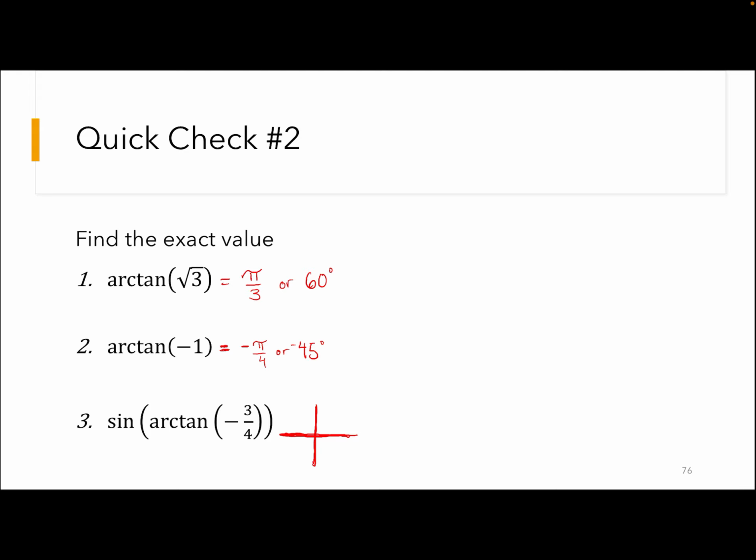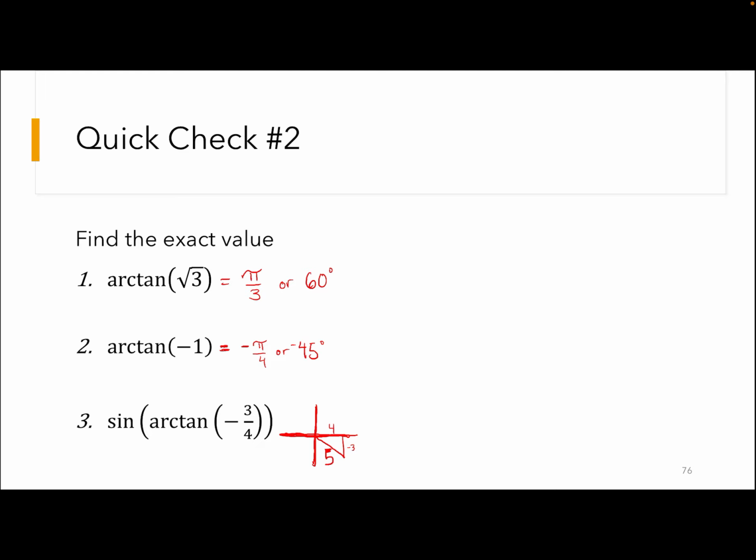So let's assume that arctangent is defined for angles that are from negative pi over 2 to positive pi over 2. So we're going to draw our angle down here. So negative 3, and the cosine value is 4. That's going to make the hypotenuse 5.